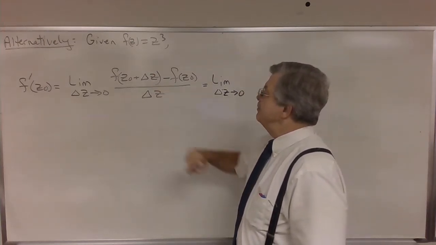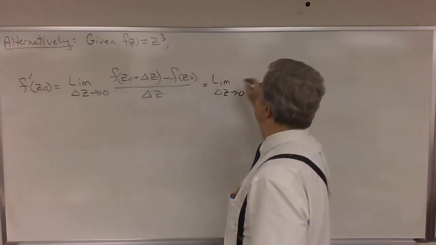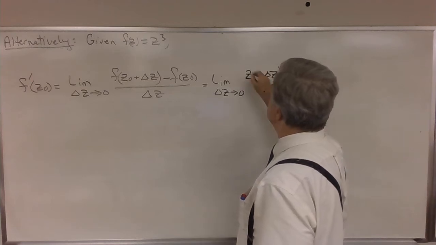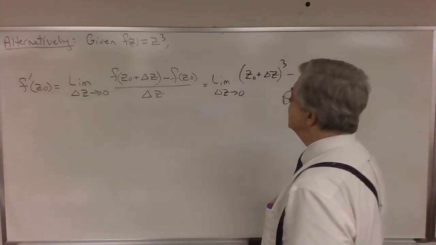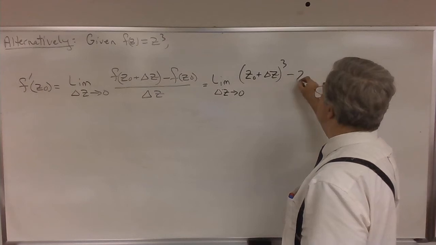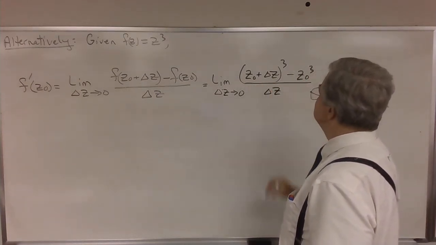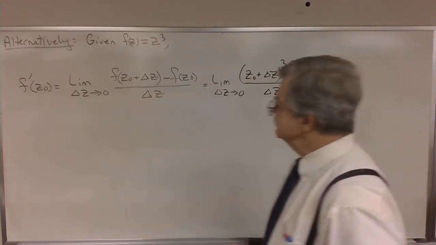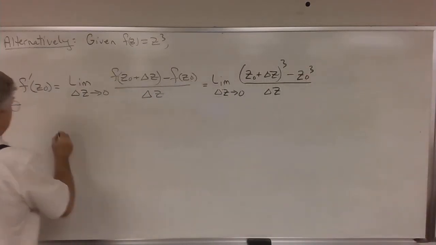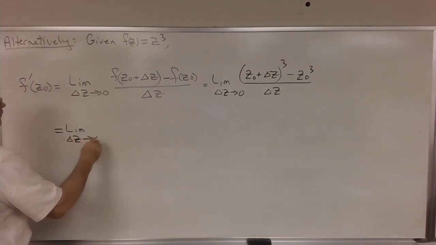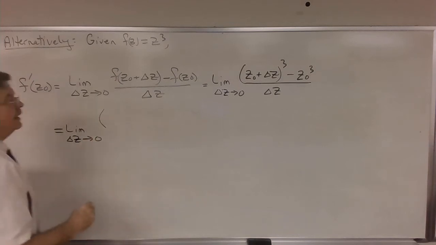So f of z naught plus delta z minus f of z naught, that's going to be z naught plus delta z cubed minus z naught cubed, all over delta z. And we cube this.